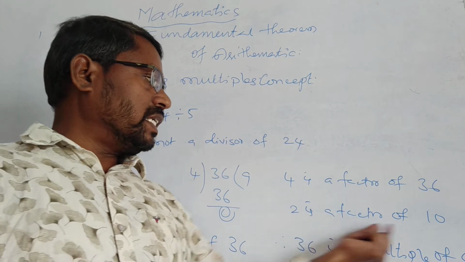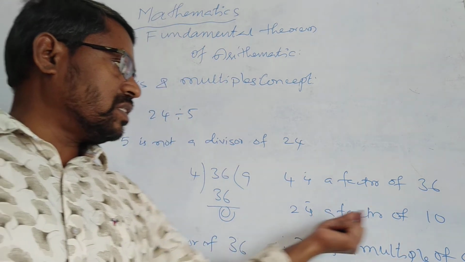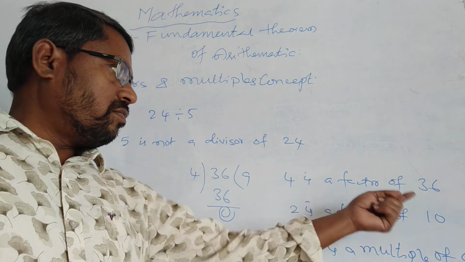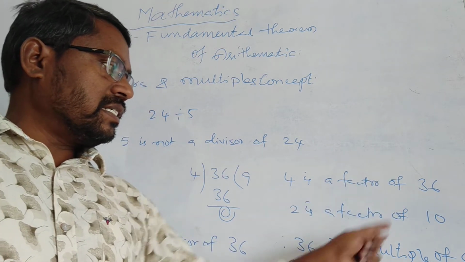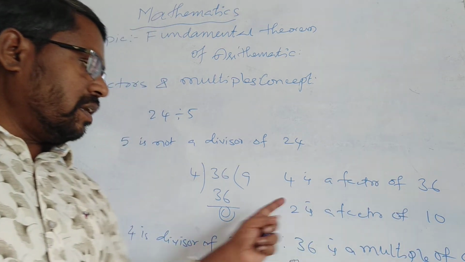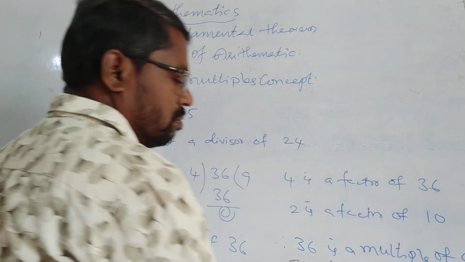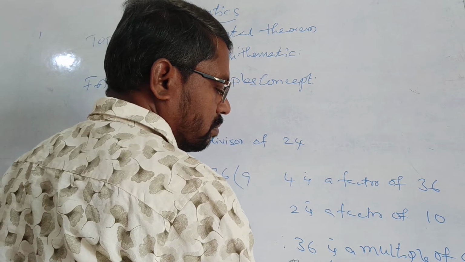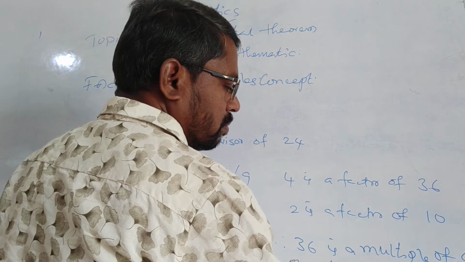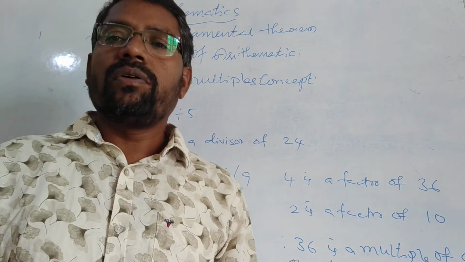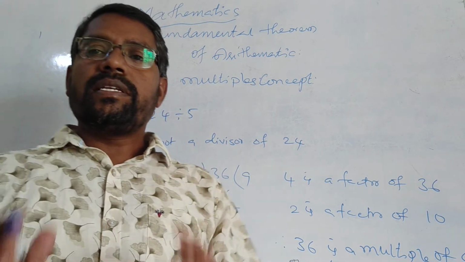So here 2 is a factor of 10, that means 2 exactly divides 10. We say that 36 is a multiple of 4, and 10 is a multiple of 2.